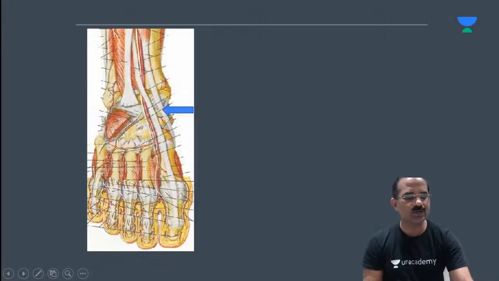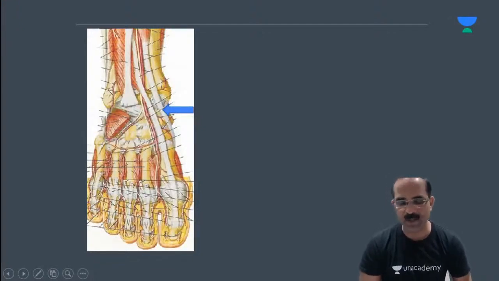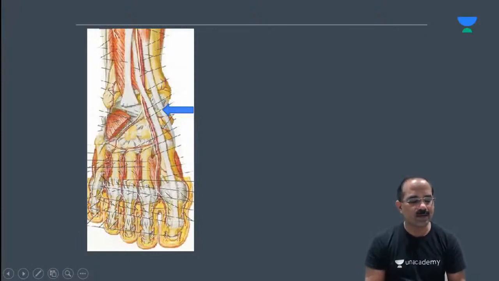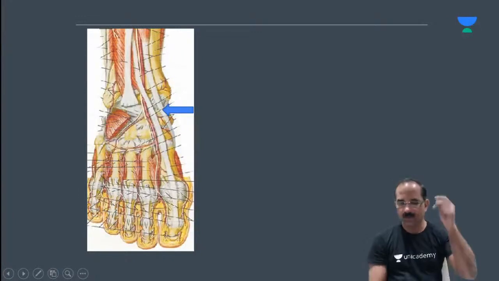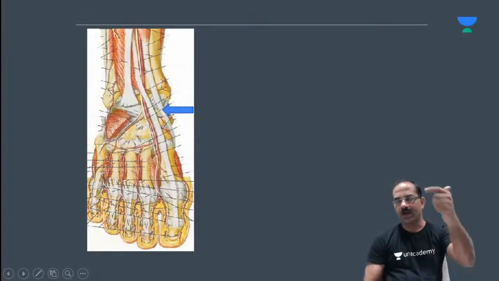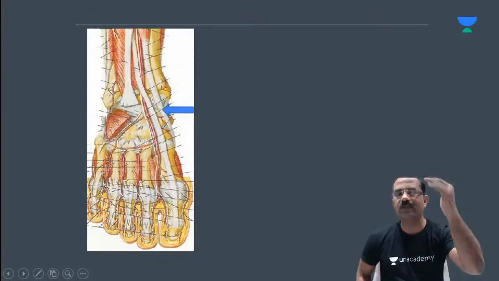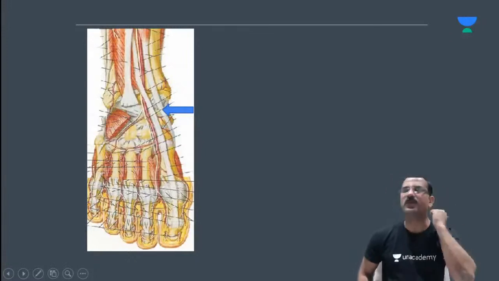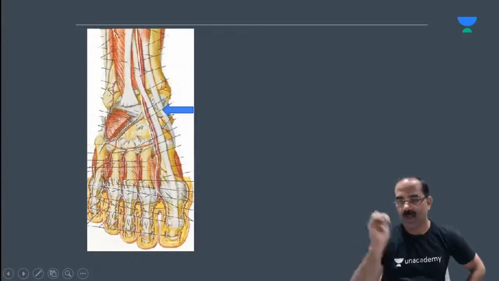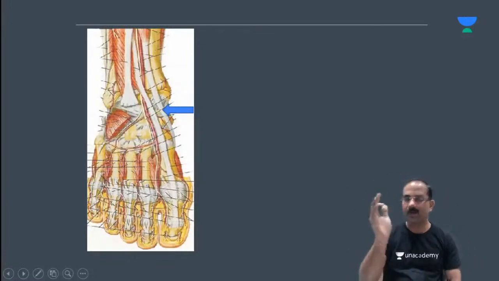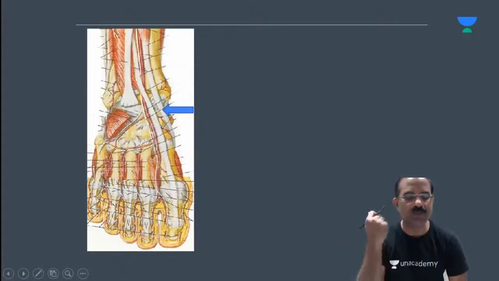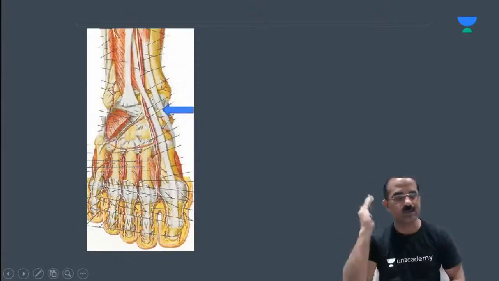And which is the artery of the anterior compartment? The artery of the anterior compartment of the leg is the anterior tibial artery. So the nerve is the deep peroneal nerve, and the artery is the anterior tibial artery. For the lateral compartment, which is the nerve? The lateral compartment has two muscles, peroneus longus and peroneus brevis.